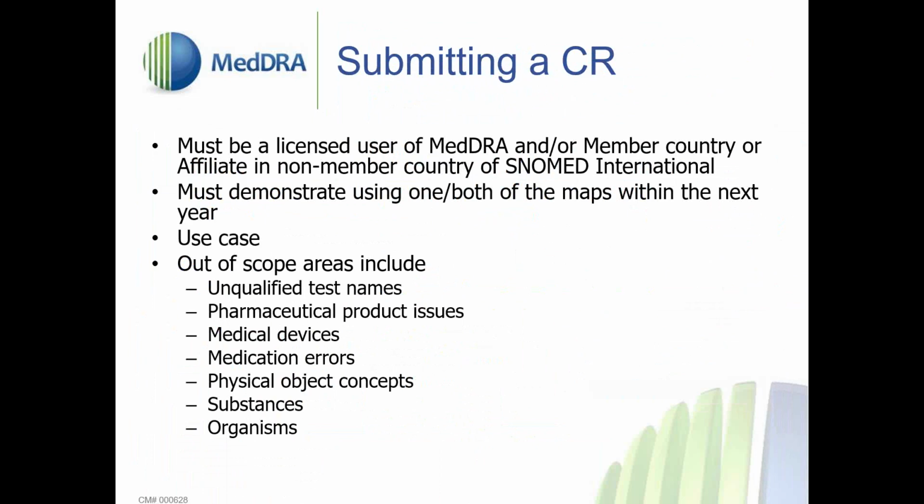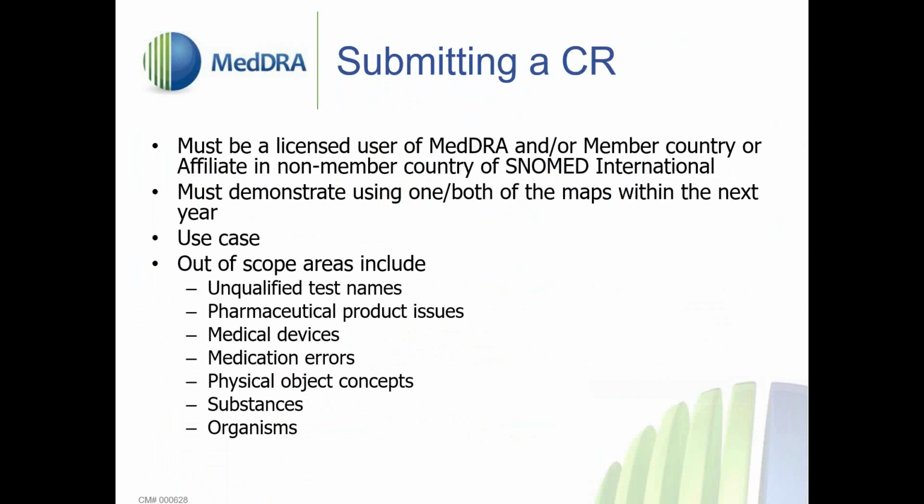Your use case should be comprehensive enough that we understand the need for adding terms to the map. A good example of a use case might be the need to monitor a new risk that has been identified for a particular product, and you are going to be working with some sort of technology or another data set that is coded in the alternative terminology.